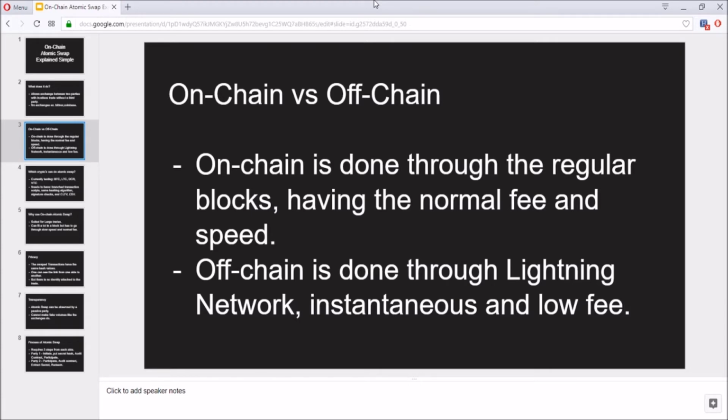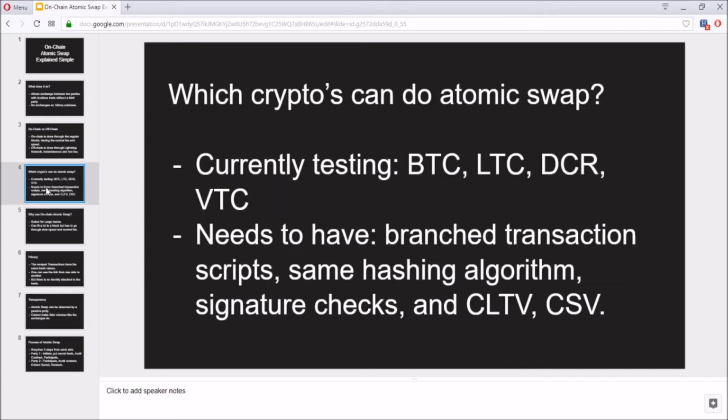However, off-chain is done through the Lightning Network. Once the Lightning Network is activated, the atomic swap through there would be instantaneous and with low fee. There are some advantages to both, and I'll talk about that later.